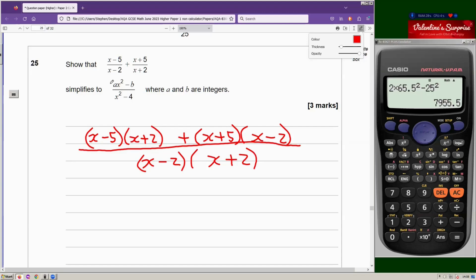Because we've found a common denominator, x minus 2 times x plus 2. And to do that, we had to multiply this side by the x plus 2 and this side by the x minus 2.